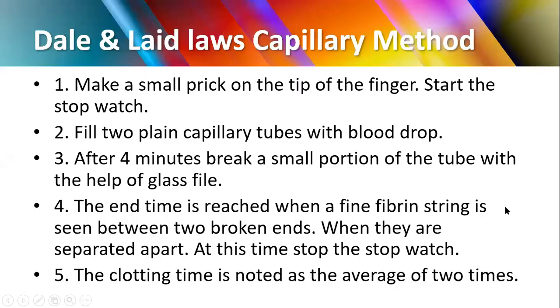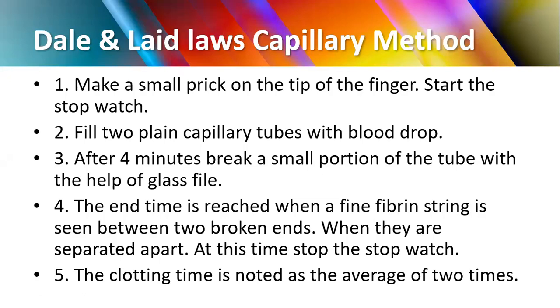Now the procedure of Dale and Laidlaw's capillary method. Make a small prick on the tip of the finger. When you make a small prick, blood will come out from the puncture site.